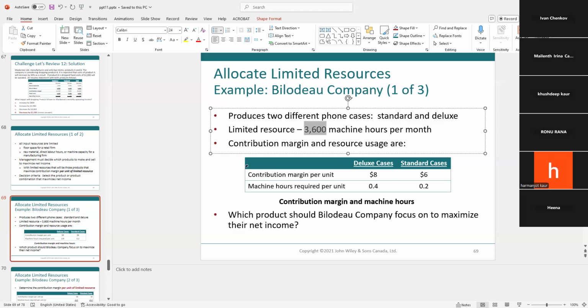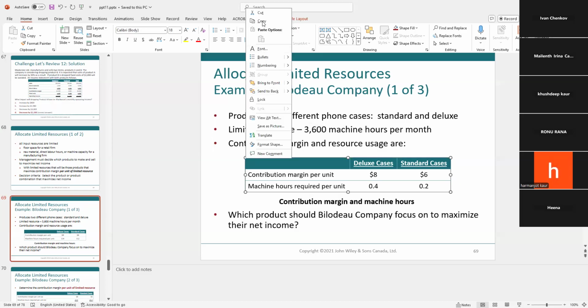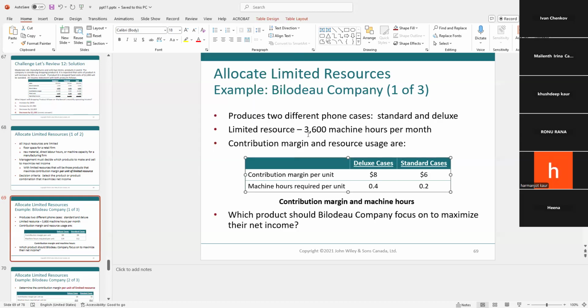But if it's not, then we have to focus on the product which give us the highest contribution margin within the constraint, because now this machine hours is going to be our constraint. So what I'm going to do is flip this one on the Excel spreadsheet, because we have to do some thinking here. And once we're done, we can go back to the slides.